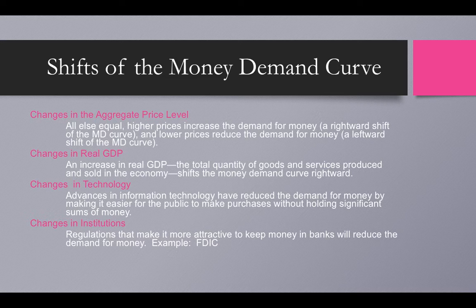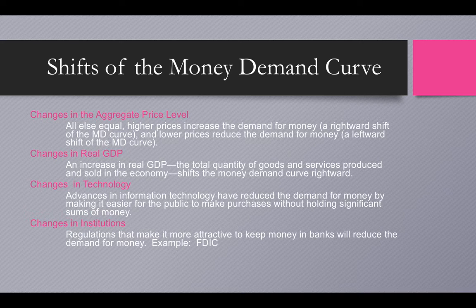If banking regulations change, if maybe something like Bitcoin, right? If something happens that makes money more attractive to be held as cash, the demand is going to shift to the right. And if banks do something to make money more attractive in a bank, the money demand curve will shift to the left.